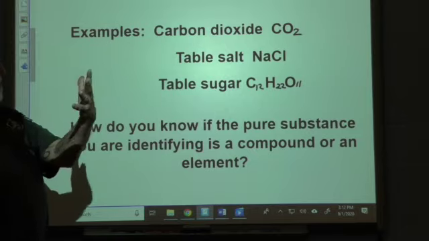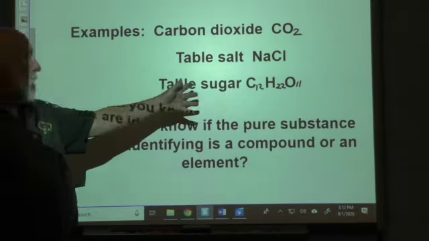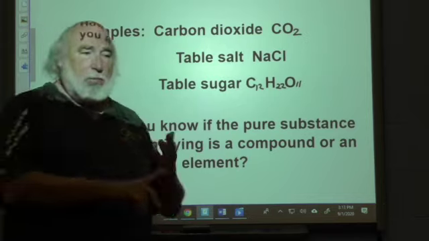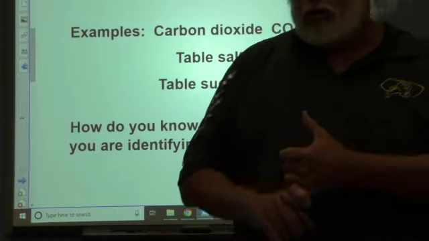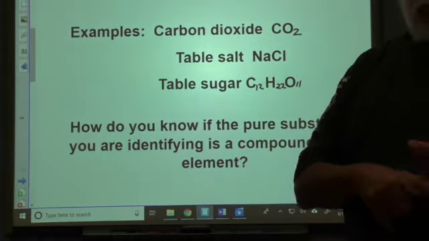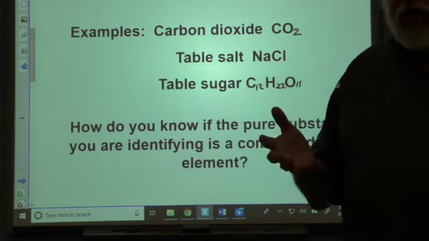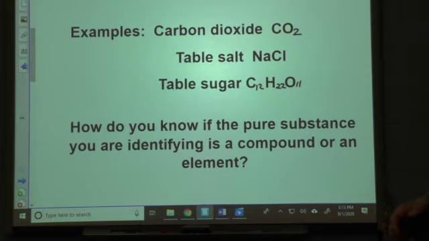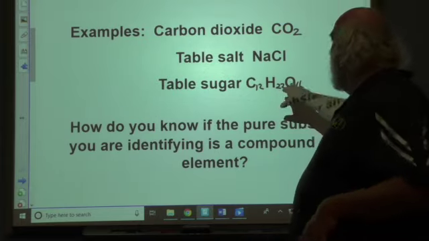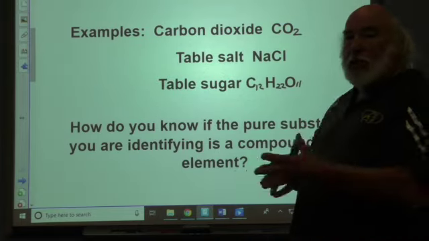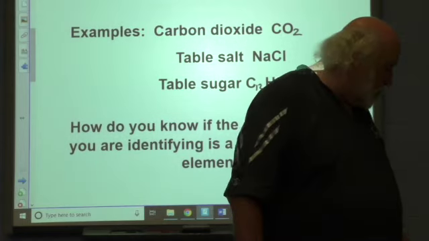So the question comes into play here. Here's table sugar. Table sugar is a combination of carbon. Carbon is a black solid, charcoal. If you have charcoal at home, it's mainly carbon, about 85 to 95% carbon. Hydrogen and oxygen, which are colorless, but you put them all together and you get this white crystal.